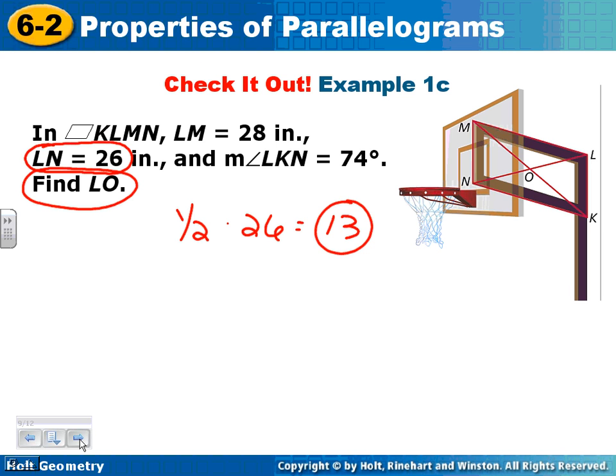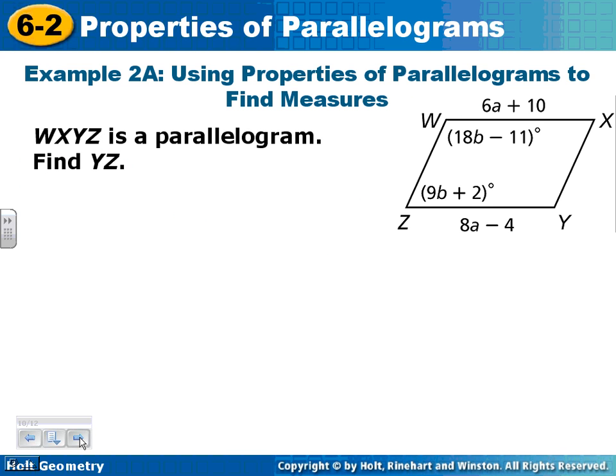All right, three more. Now we get into some algebra. It says in this next problem, WXYZ, it sounds like a radio station, is a parallelogram. Find YZ. Well, it looks like YZ has a length of 8a minus 4.